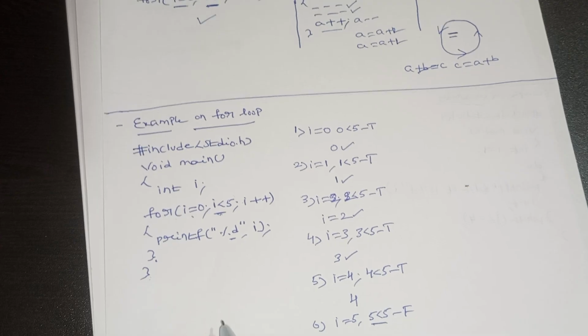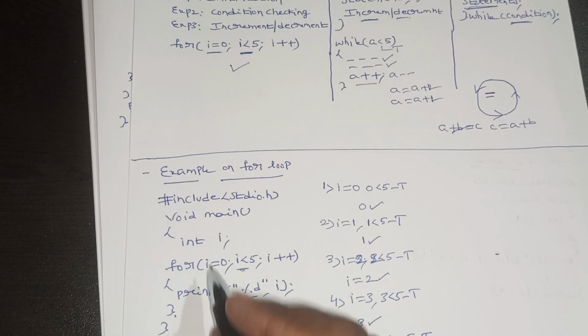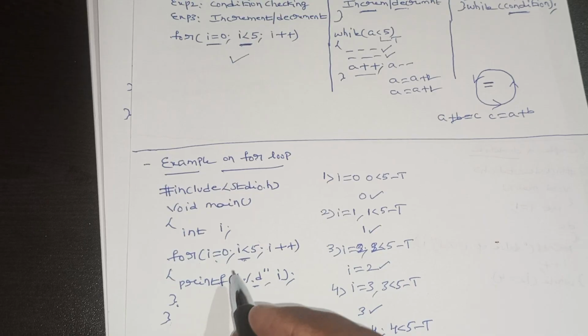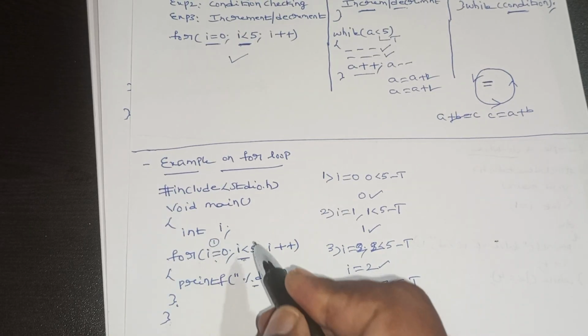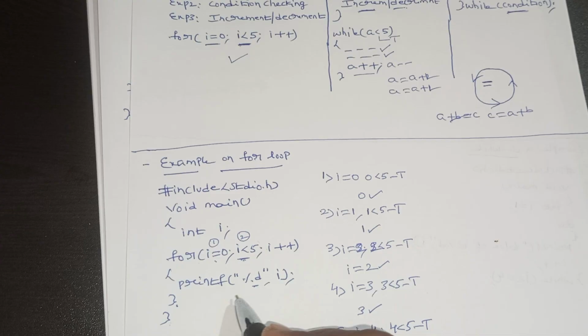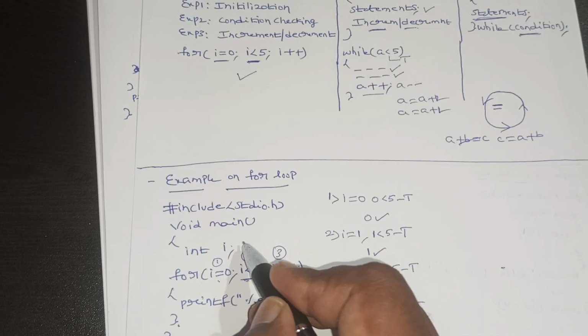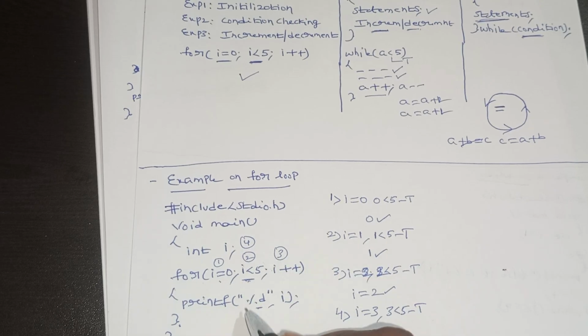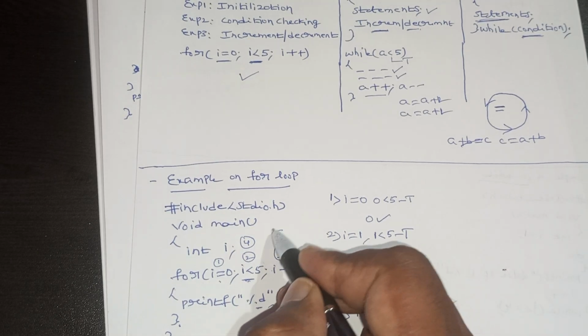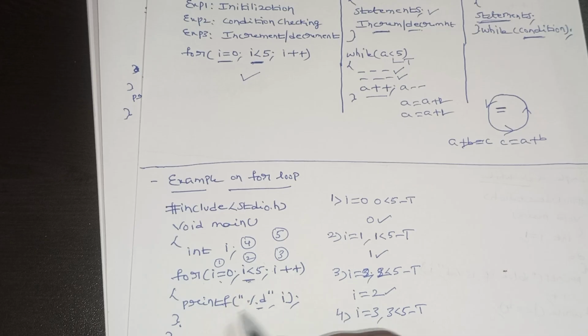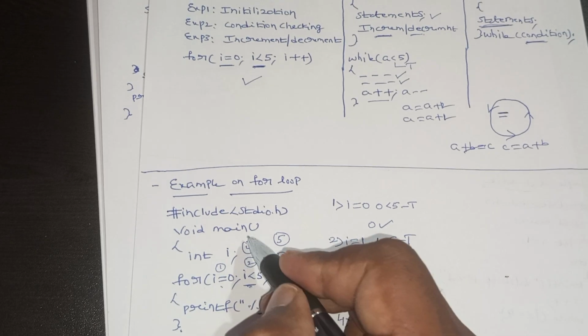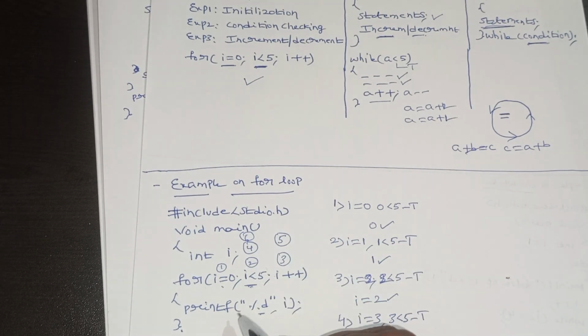Now you see here, I am giving some numbering here. How does the control flow? 1, 2, do something. Again 3, again 4, do something. Again 5, again condition check. Okay, condition check, you give 6. So I am giving some numbering to show how it is executed.